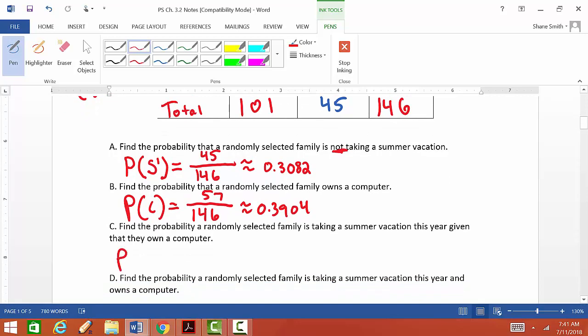All right, find the probability that the randomly selected family is taking a summer vacation given that they own a computer. Now, this one has a given, so you have to be able to write this correctly. We want to find the probability the family is taking a summer vacation. So this is what we're trying to find the probability of, and we're given they own a computer. So summer vacation given they own a computer.